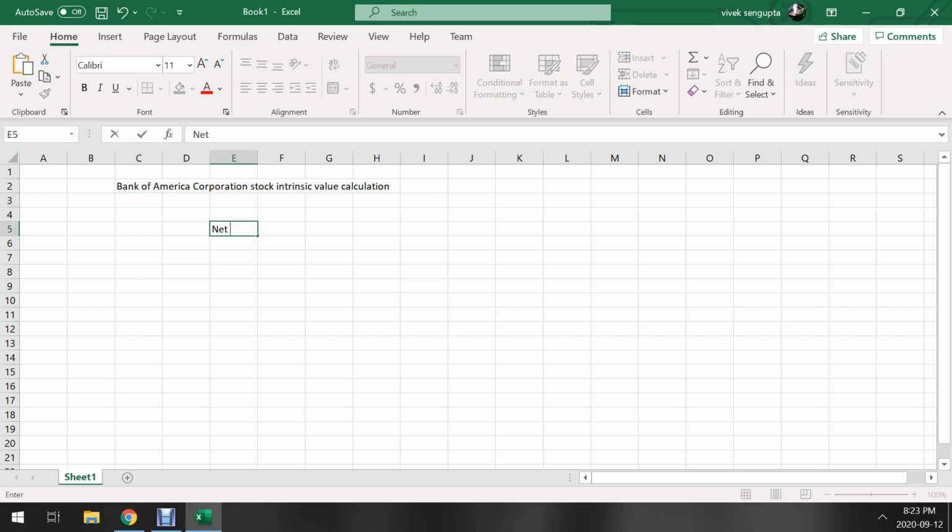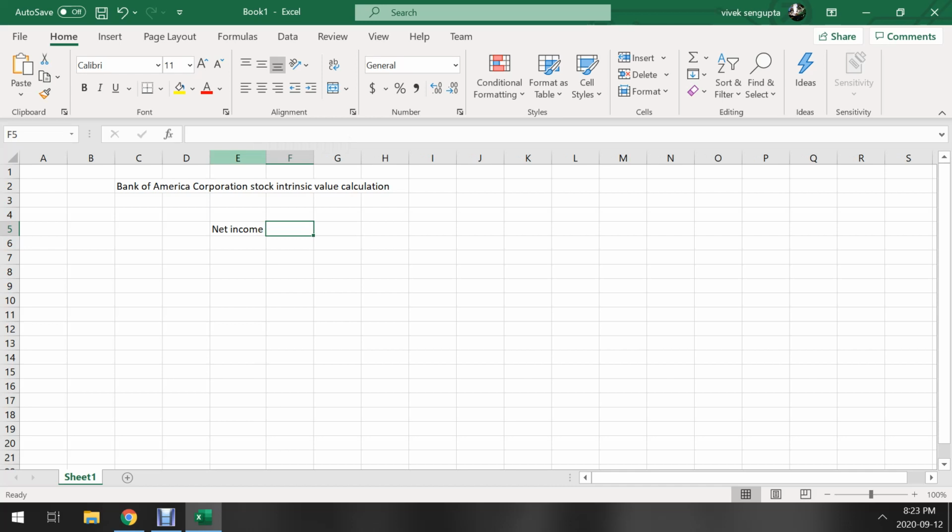What you do is you write the net income, and then you make a tab for D&A, the depreciation and amortization, and both these values will be in billions of dollars.